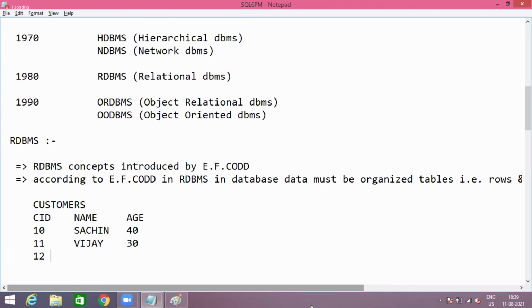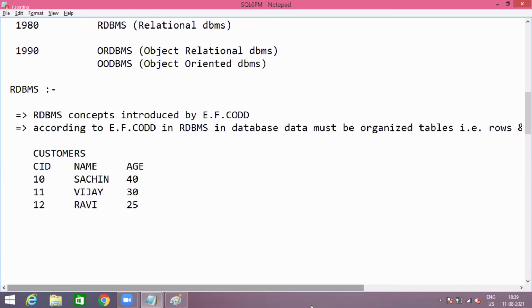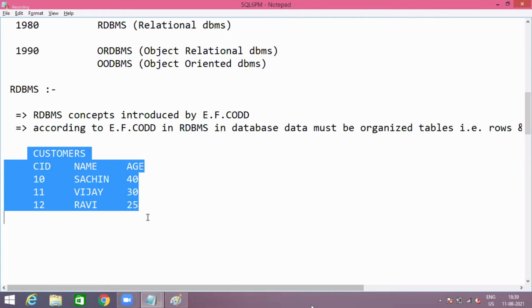Customer 12, Ravi, age 25. This is how you organize the data in an RDBMS, in rows and columns.